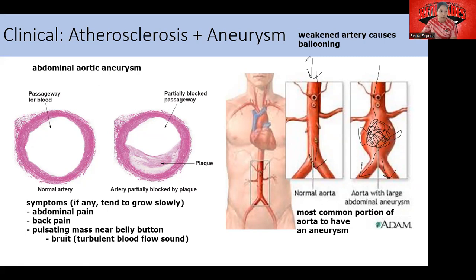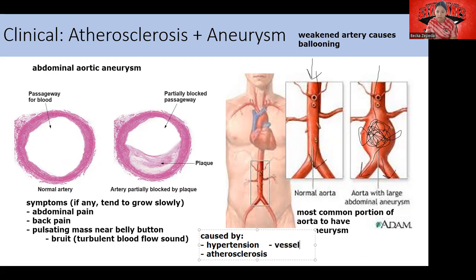Abdominal aortic aneurysms are caused by high blood pressure, so I'll say hypertension, caused by atherosclerosis that we talked about before. When you have atherosclerosis and the arteries have become hardened, they lose that elasticity and they're more likely to balloon out due to that loss of elasticity.